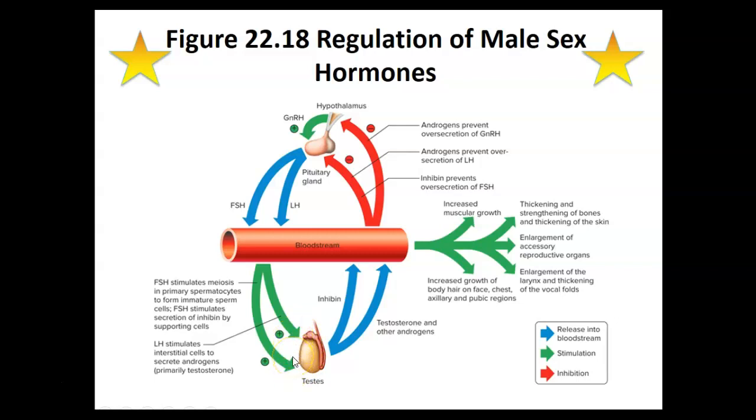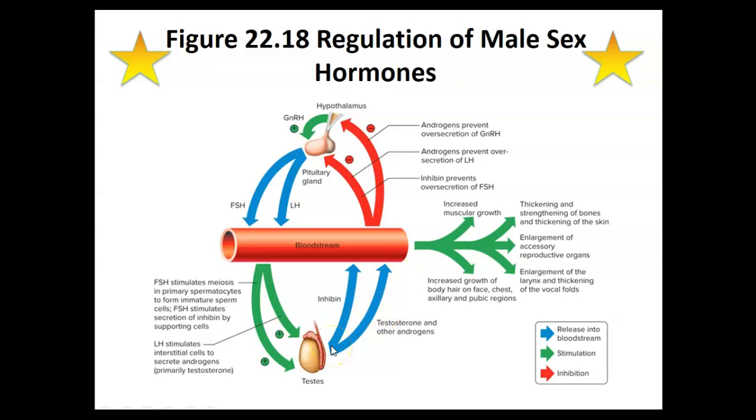The LH is going to be responsible for driving testosterone formation, and FSH is going to be really important in sperm cell production and maturation as an oversight from testosterone. Now, here's the other thing you have to think about. Testosterone is going to come out of the testes along with some other androgens that we don't focus on.